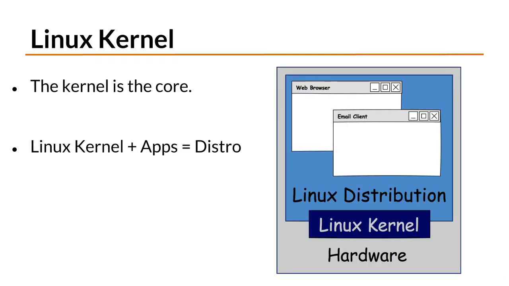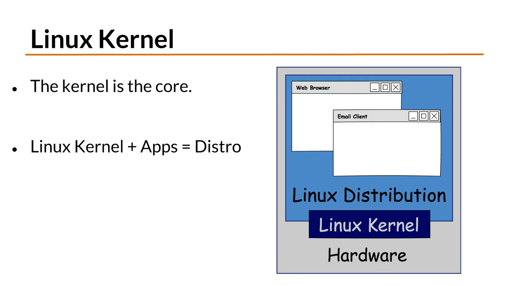What every Linux distribution has in common, though, is the Linux kernel. Again, typically when the term Linux is used, it refers to the Linux operating system as a whole. However, it can refer to just the Linux kernel as well. The Linux kernel is the core or the heart of the operating system. It's the layer that sits between the hardware and applications.